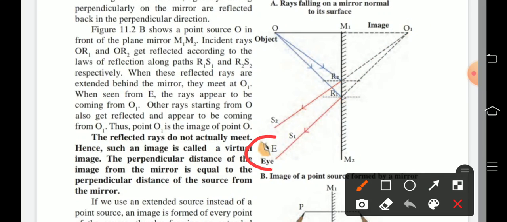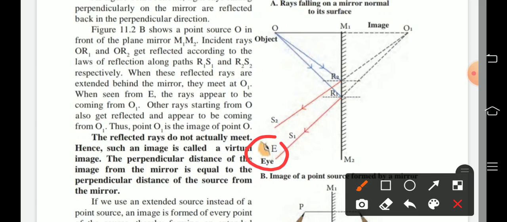Here. E point means eye point. We are observing from this point E. When seen from point E, the rays appear to be coming from O1.